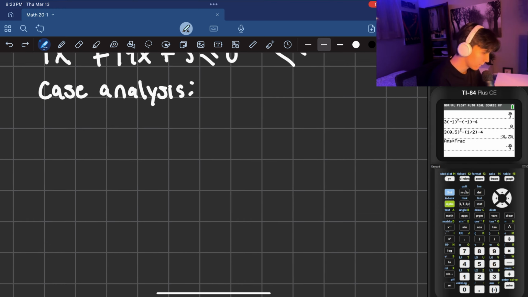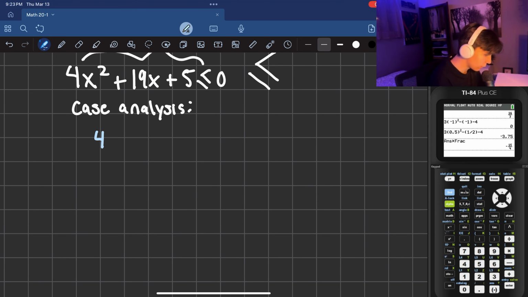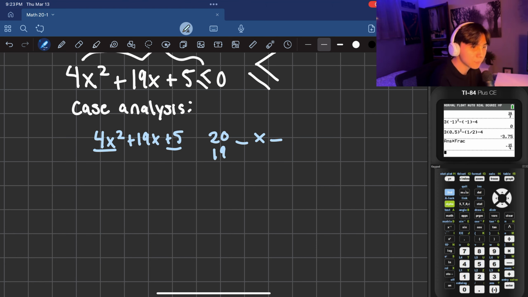So let's just break this down first. So I want to factor this. So we have 4x squared plus 19x plus 5. So let's just break this down. So we have two numbers that multiply to 20 and give us 19. Or sorry, this should be minus 5.